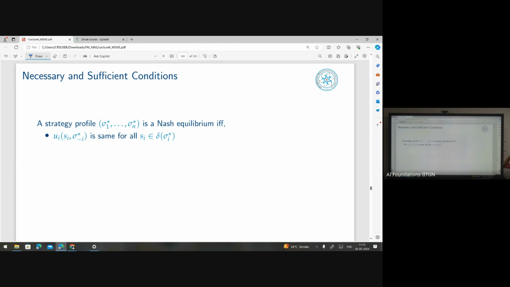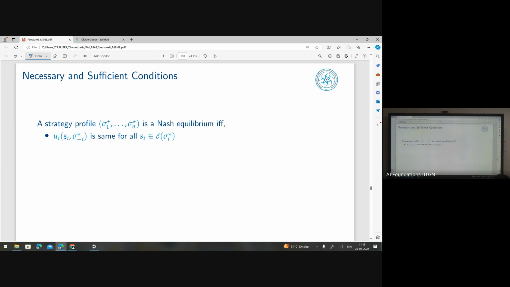Initially, when we were trying to find what the probabilities were, we ensured that the agent is indifferent to selecting any of the pure strategies. If one of the pure strategies gives me more, I'll just stick to that. There is no reason why I will randomize. So for every strategy that I'm assigning a positive probability, I should get the same utility across all those strategies.